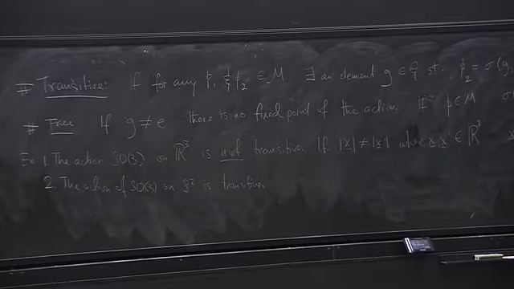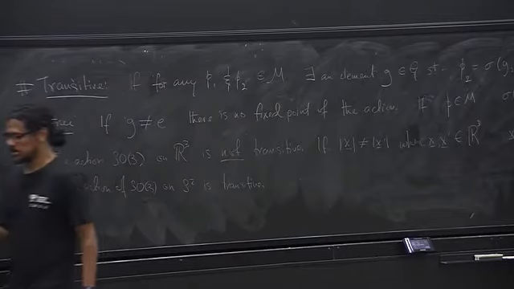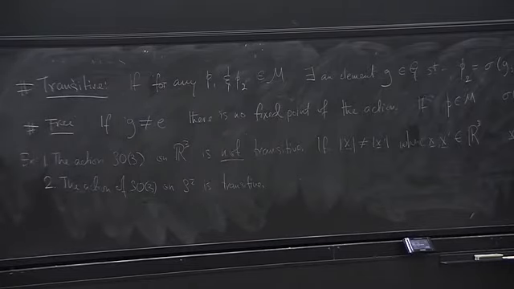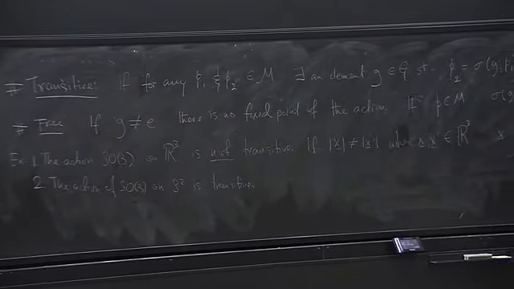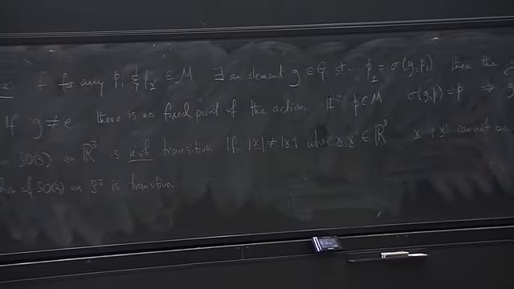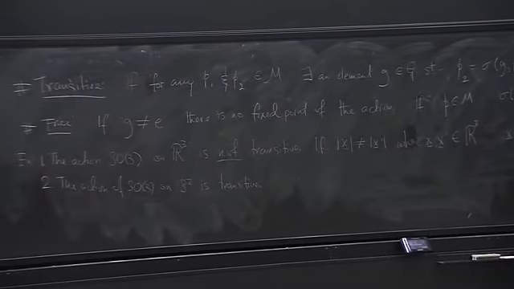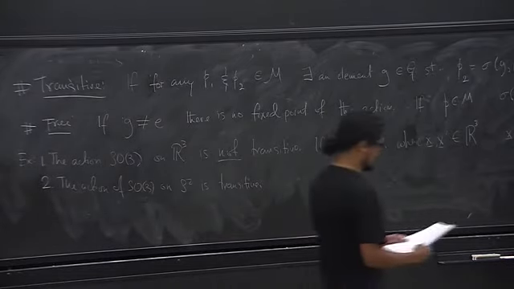However, we know that this action is not going to be free, because, for example, rotation around the z-axis will leave the North Pole and the South Pole invariant, right? So there are some group actions which will leave some of the points invariant. So it's not a free action, and we'll come back to that.